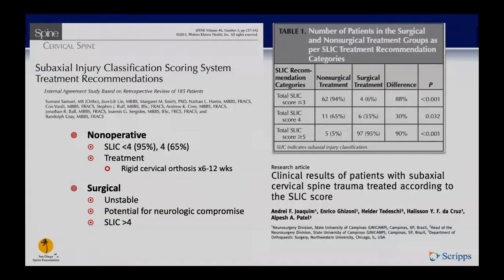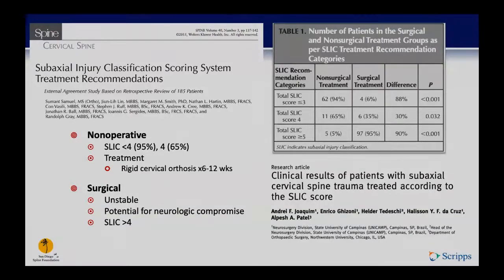So this fit along well with the recommendations from the score. These were patients that had been treated before the score was published, and they retrospectively applied the score and just saw where it settled out.